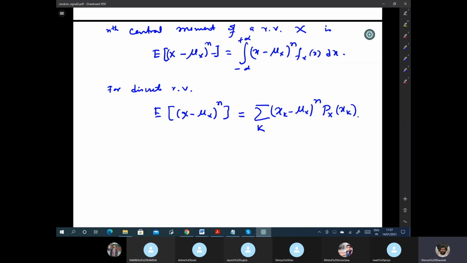So in central moments, the mean is subtracted from the variable, like we said earlier. It will be useful. So there are names. The zeroth central moment is always 1. We know what the first central moment will be.